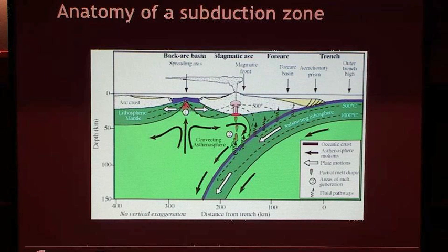And then in the back, this is an oceanic setting, for example, you can have back arc spreading. So you can have an extensional setting that's drawn here. There are different settings you can have in the back arc, but the back arc is basically everything behind this arc. It can be extensional, compressional, continental, oceanic.